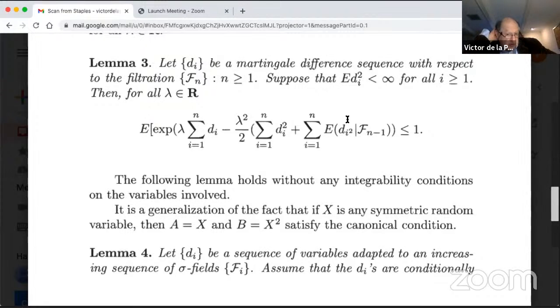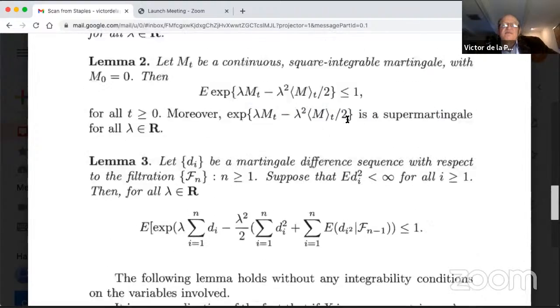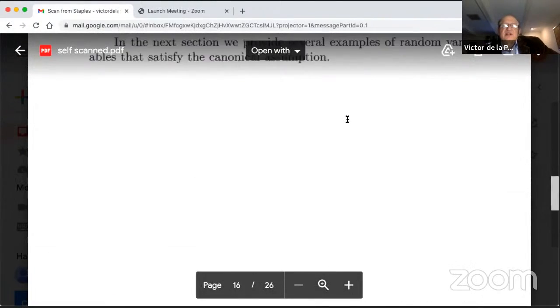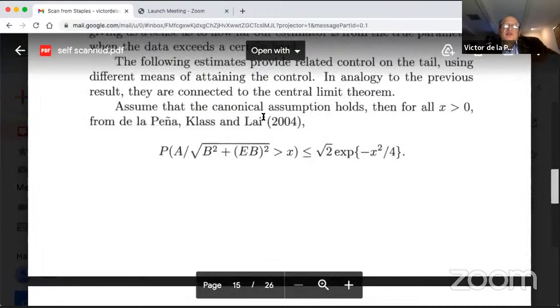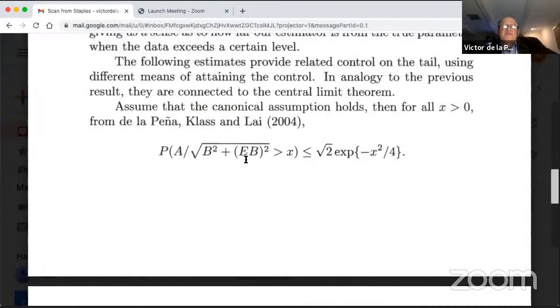Now, one important thing I want to point out is that you can use this type of inequality to test hypotheses.